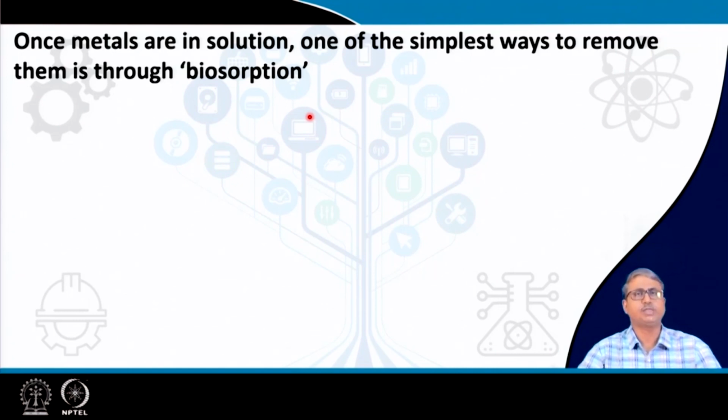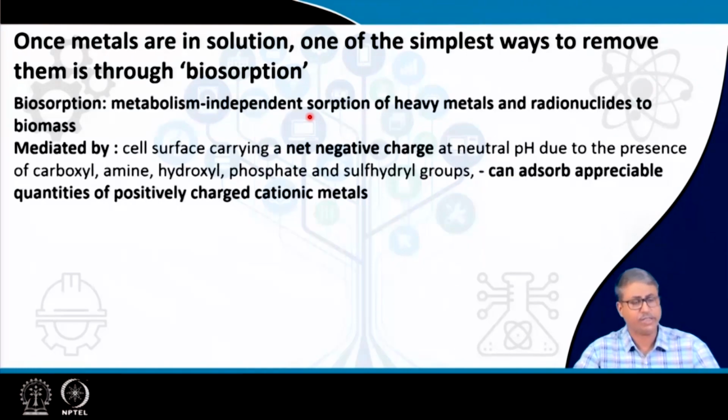The bioabsorption process has gained considerable research interest at some point of time, because it was found to be the simplest way to remove the metals and radionuclides, because it is often metabolism independent, and the microbial cells have a high surface area to volume ratio. They can interact with these divalent cations very rapidly, and they can sequester or absorb these divalent cations very effectively.